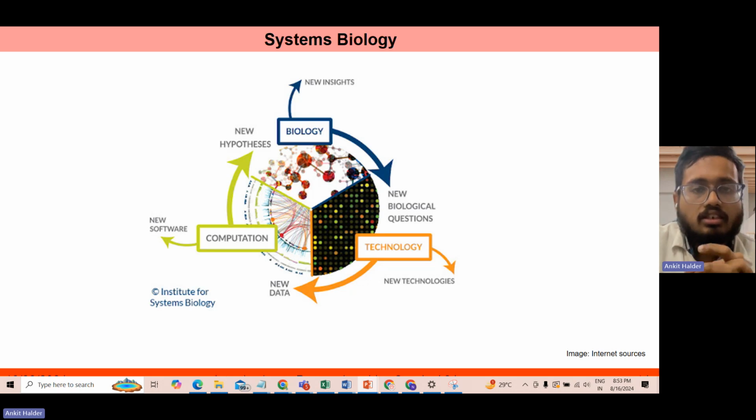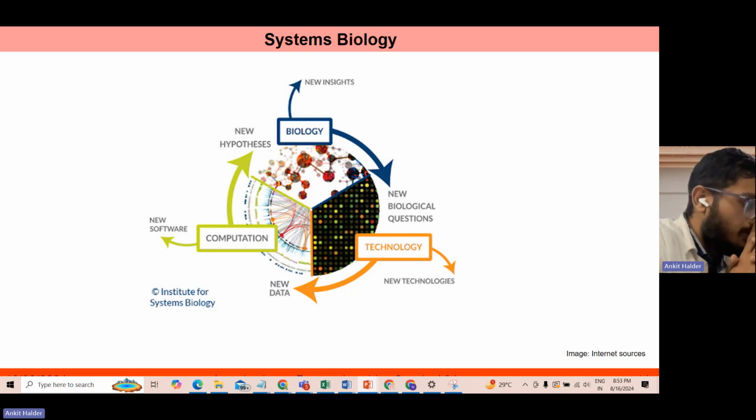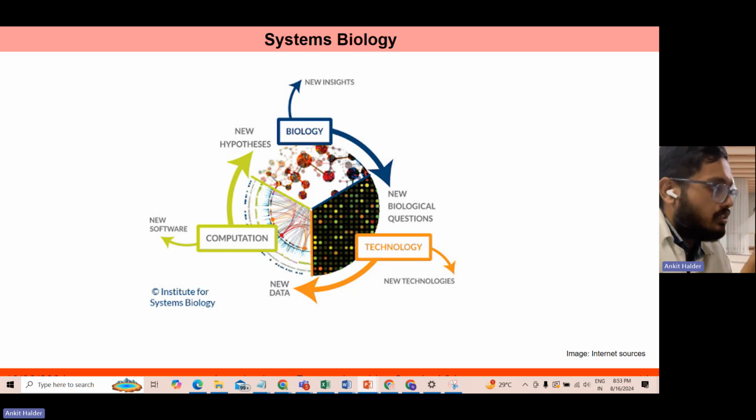So for that reason, there is use of technologies like microarrays or those different techniques. Uh, biology and computation are those things, whereas other things that are involved are software to develop new hypotheses, testing out new hypotheses, testing out new biological questions, new technologies, new data, new insights.